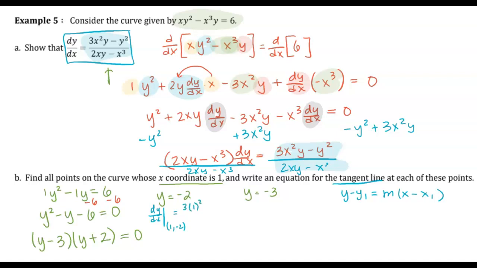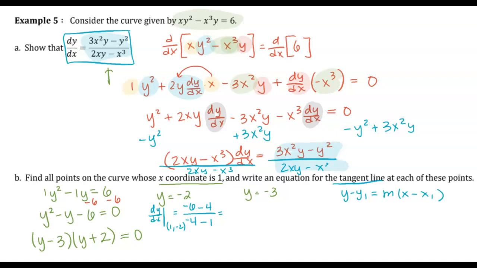If we plug in 1 comma -2, we're going to get 3 times 1 squared times -2. That's -6 minus -2 squared, which is 4. Right? -2 squared would be +4, but we're subtracting it. 2 times 1 times -2 is -4, minus 1.